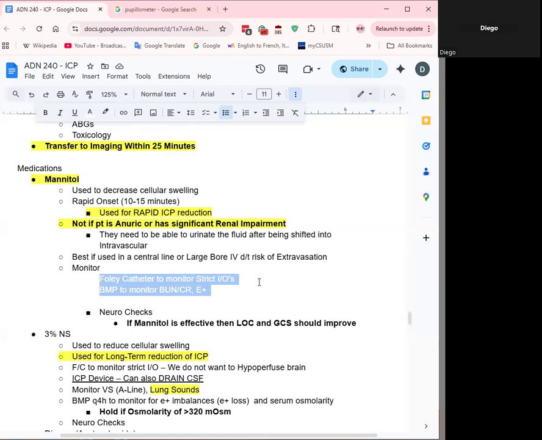And because it is a rapid infusion, what's something that could happen from a rapid infusion of fluids? Fluid volume overload. Perfect. So we're going to want to assess the lungs for pulmonary edema.